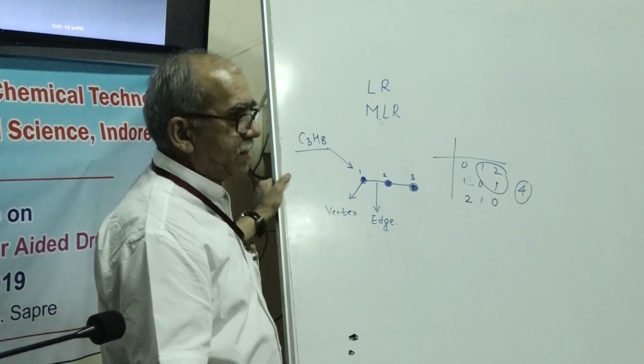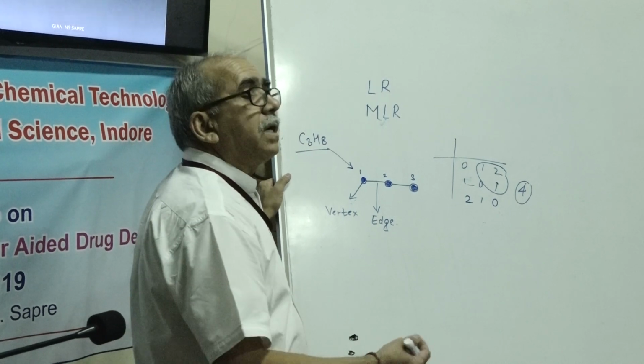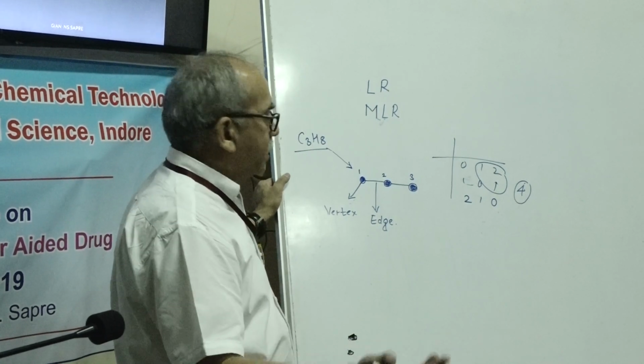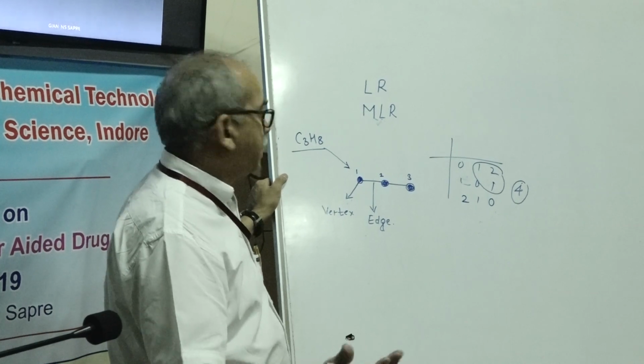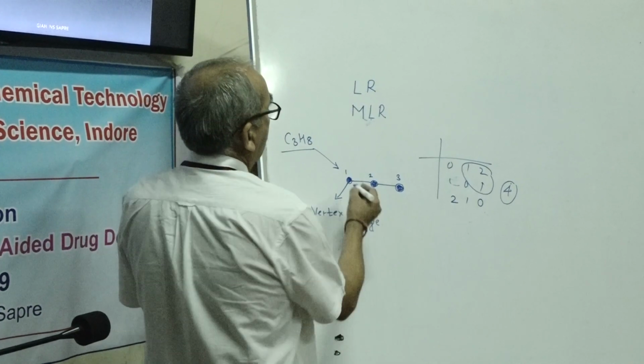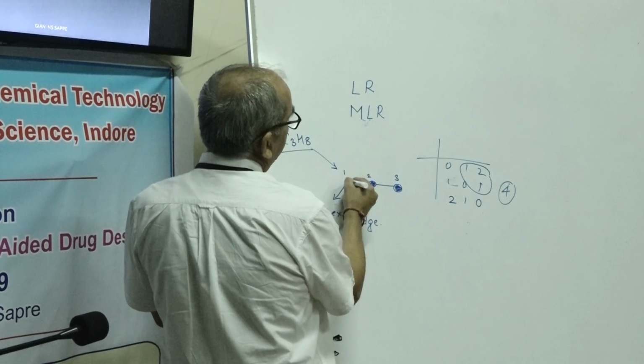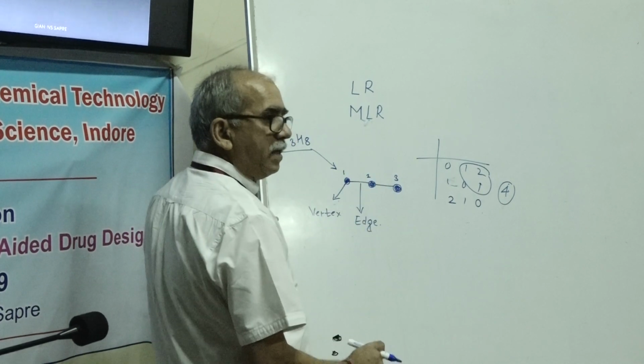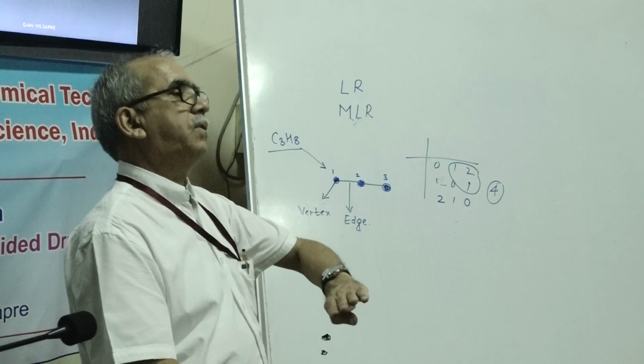There are other indices which are of different nature. There is another index called the Randic index, which is based on the connectivity, like how many atoms are connected on the right side, and how many are connected on the left side.